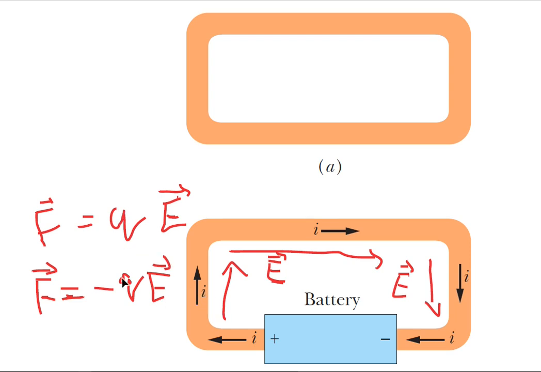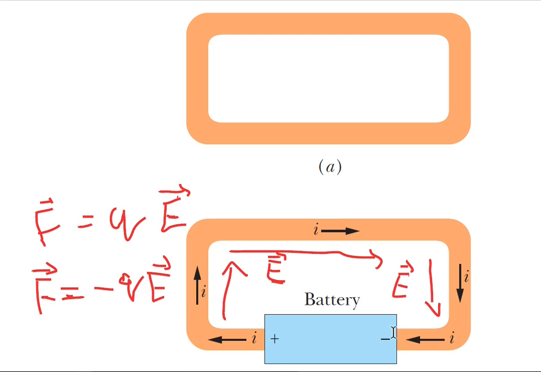the force has the same direction, which is the direction of the electric field, you see. But if the charge is negative, the second equation here, then in that case the direction of force and electric field will be opposite.